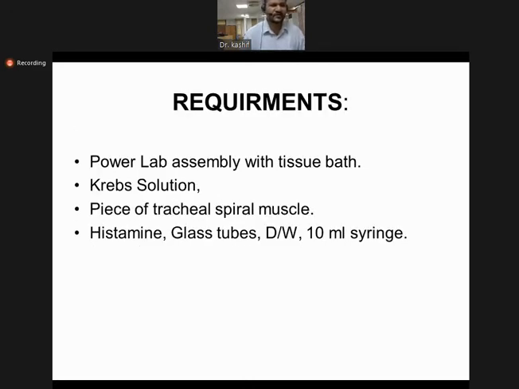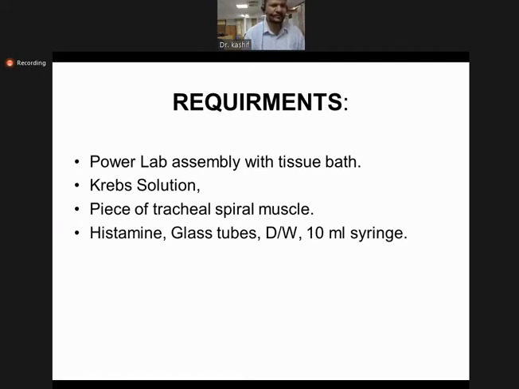Whenever you perform a practical, the first part is the objective, and then the requirements. The requirements are the PowerLab assembly. This is very important. PowerLab assembly is an instrument used to observe this sort of effect. So PowerLab assembly with tissue bath, Krebs solution, which is an isotonic solution where the tissue can live and which maintains the life of the tissue.